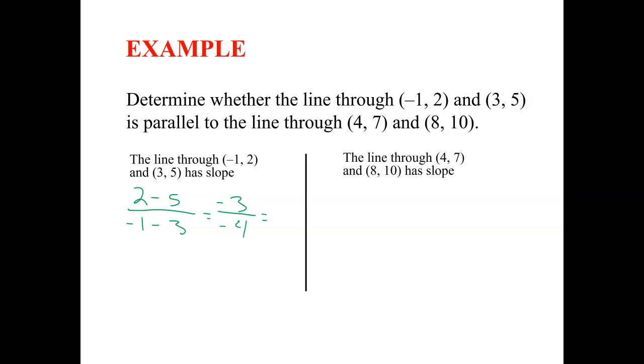Does this simplify? 3 over 4. 2 negatives make a positive. 3 over 4. So if these lines are going to be parallel, what does the other line need to have as a slope? Same thing. 3/4. 10 minus 7, 8 minus 4. 3/4. They're parallel.